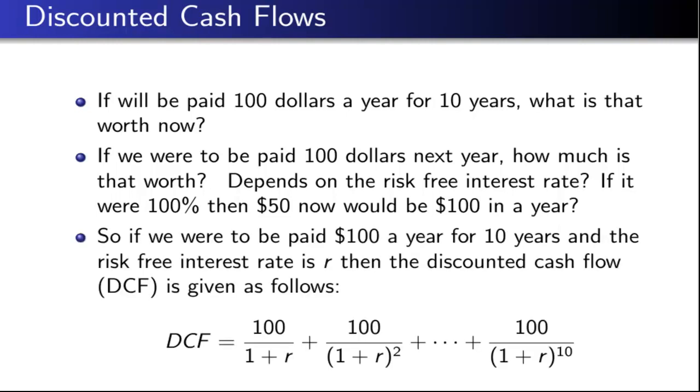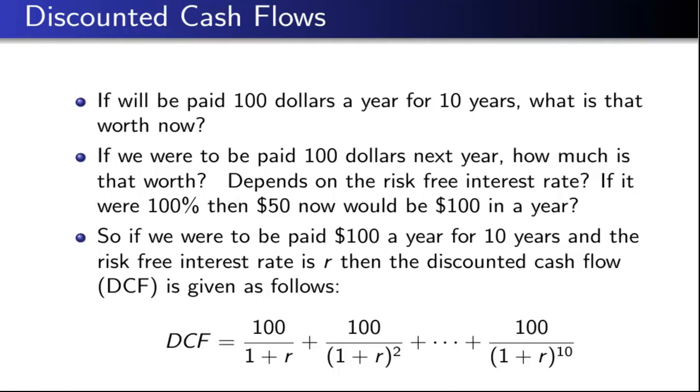So if we were to be paid $100 a year for 10 years and the risk-free rate is R, then the discounted cash flow, DCF, is given as follows. So we just sum the 10 different values.